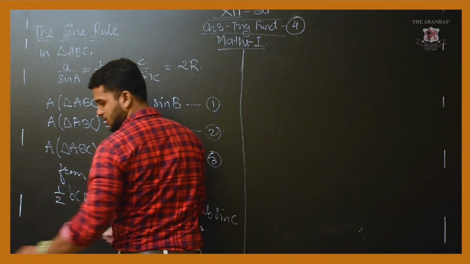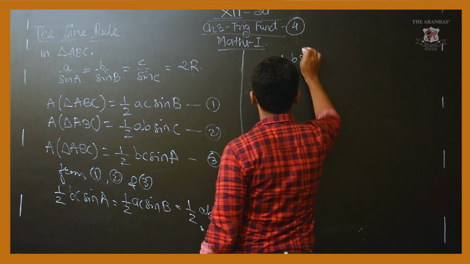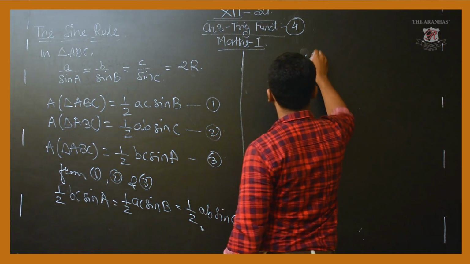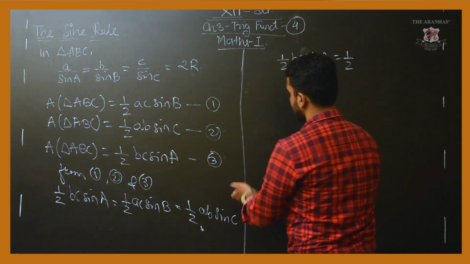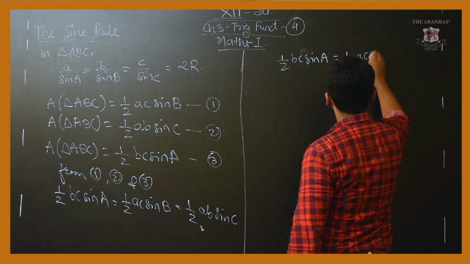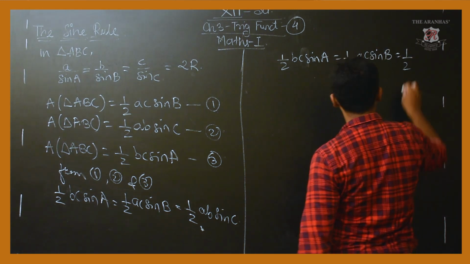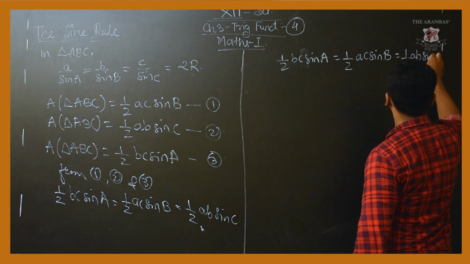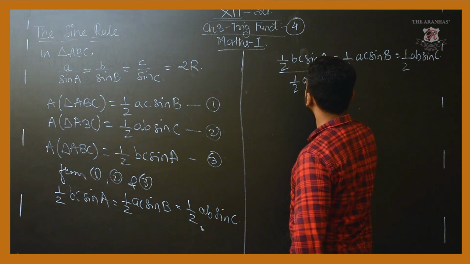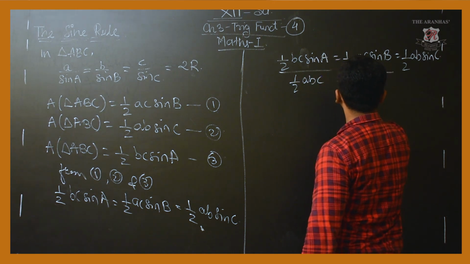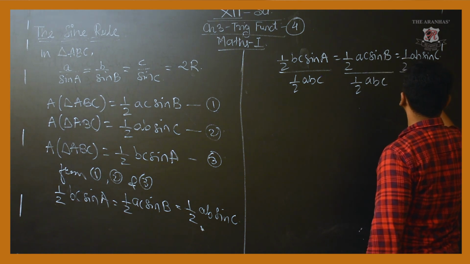So what do we get if we divide by half abc? Half bc sine A equal to half ac sine B equal to half ab sine C. Throughout divide by half abc.